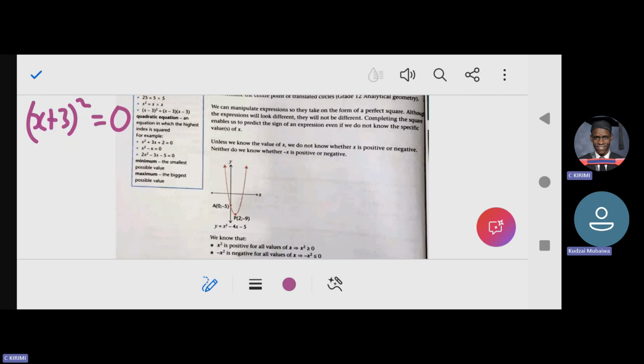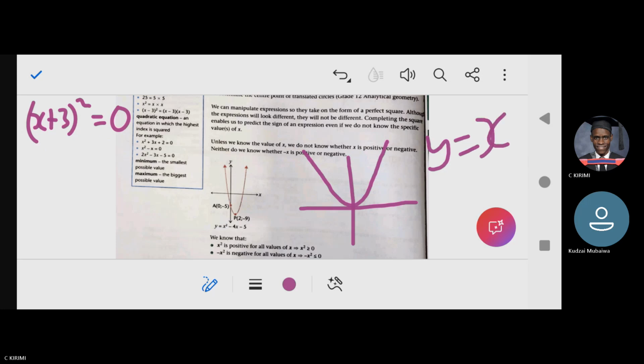The graph of y = x² is like this. It has no shift.